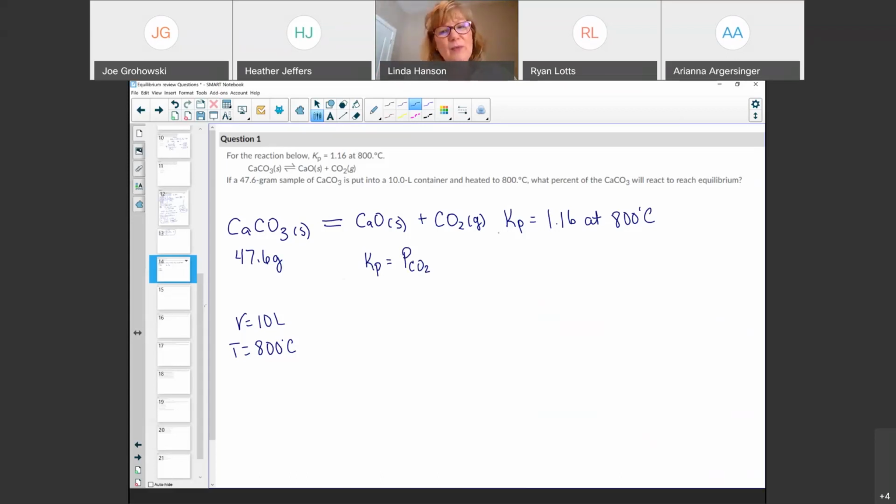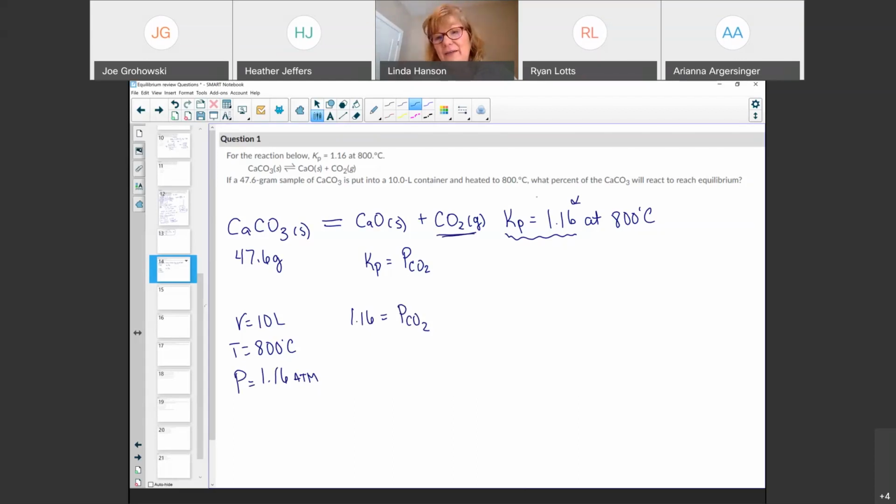So what's interesting with this problem, it gave me the partial pressure of carbon dioxide by telling me the Kp. Since 1.16 is the partial pressure of carbon dioxide, we know the partial pressure, 1.16 atm. That was the trick with this question, realizing since there's just one gas, it's only affecting the Kp.